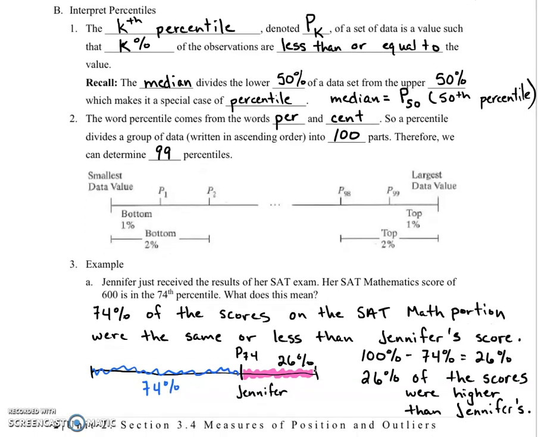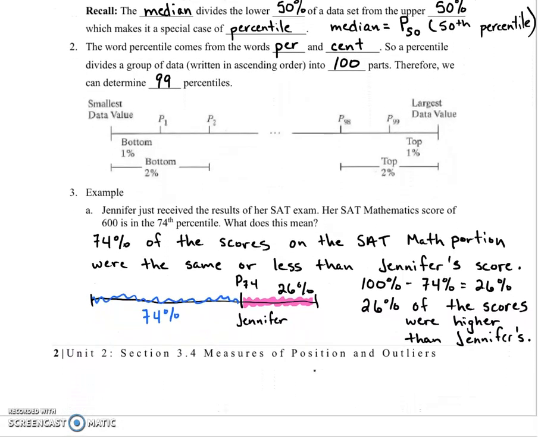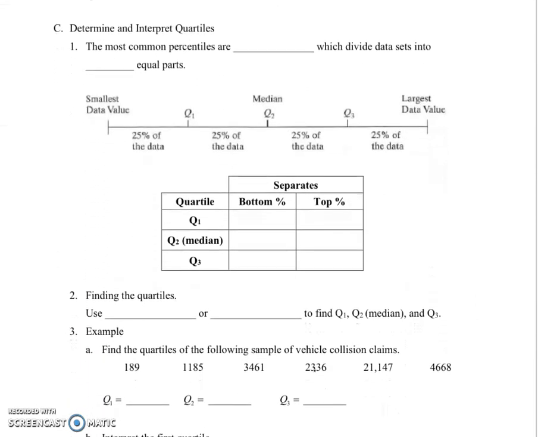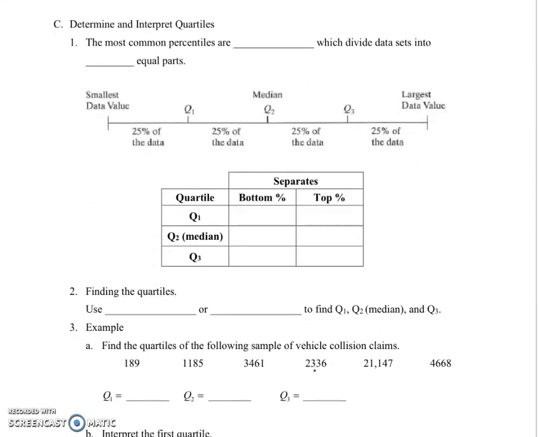Okay, let's talk briefly about quartiles. So the most common percentiles are actually quartiles. And if you think about a quarter in relation to a dollar, there's 4 of them. So quartiles divide data sets into 4 equal parts.